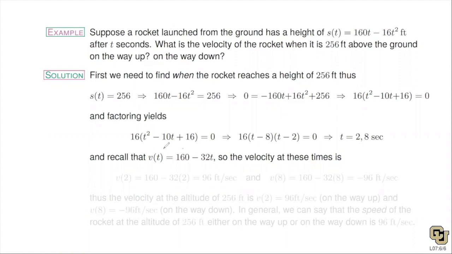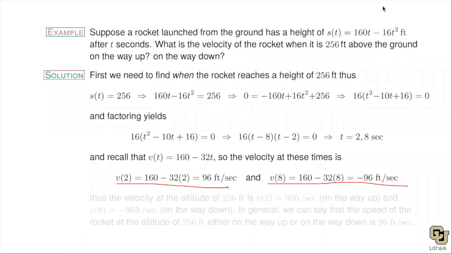Once we have the velocity function, we can plug in the times at 2 seconds and 8 seconds. And this problem, in particular, I think brings up the point that velocity is a vector. As you can see here, there's a minus sign. So this indicates direction. You should think of a derivative as a vector.